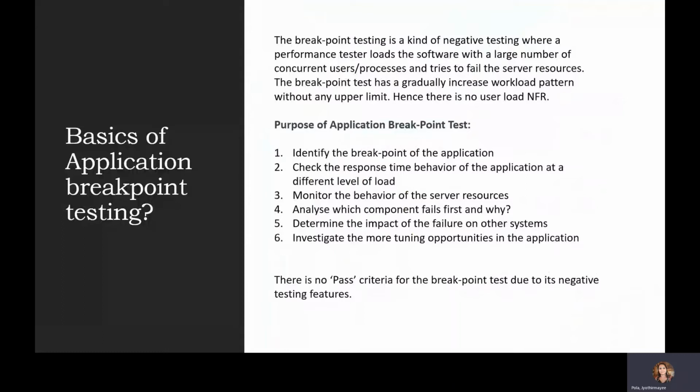And when do they start failing? The whole application may not have failed yet, but there is one component which fails. One of the microservices is throwing errors, and there is a second component or microservice which may start to throw errors, maybe at a little higher load than what the first component failed.